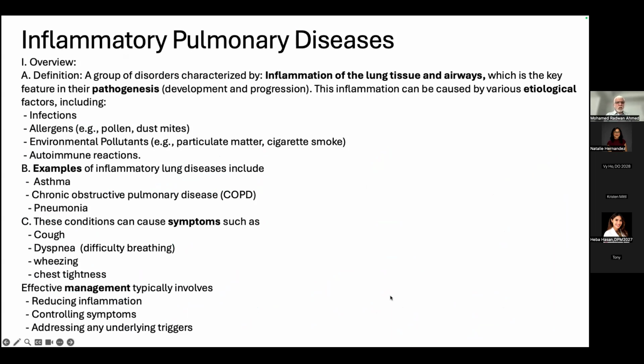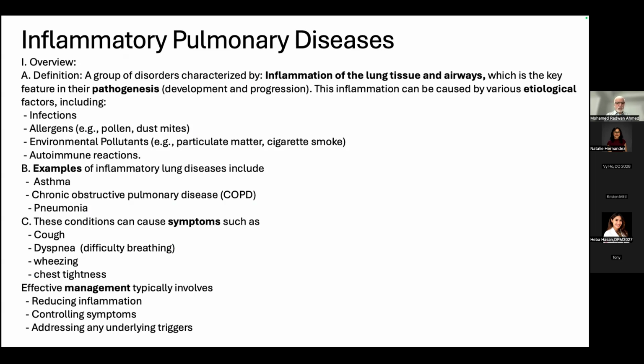So these disorders are characterized by inflammation, as we said. And what we have here are lung tissues and airways. So the inflammation is going to affect the lung tissues and airways. And as we said, the development is due to that inflammation pathogenesis, and then it's due to various etiologies.